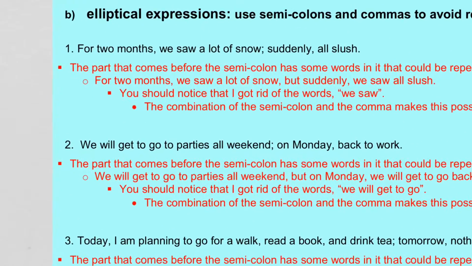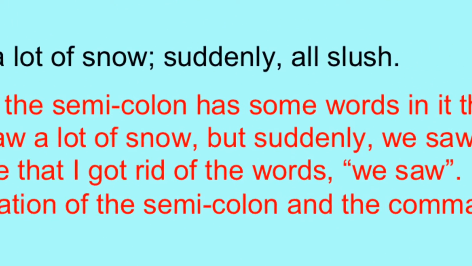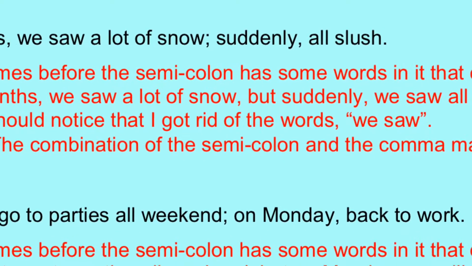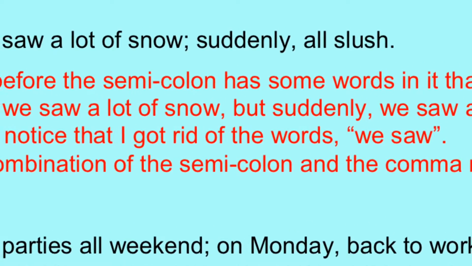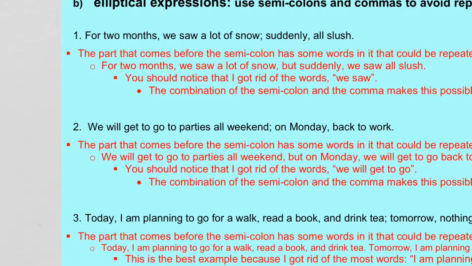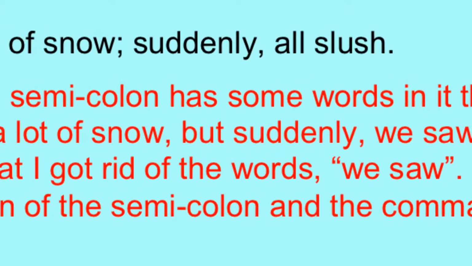All right, so let's look at this one more time. For 2 months, comma, we saw a lot of snow, semicolon. Suddenly, comma, all slush. So see where this comma is after suddenly, right? That comma is being used instead of using the words we saw. Okay, so we avoid repeating the words we saw by using a comma instead.